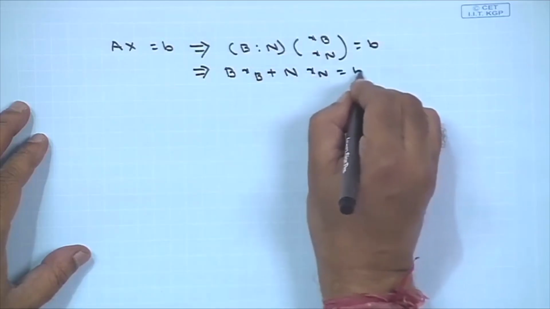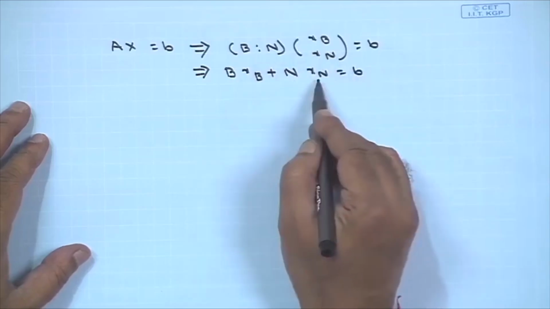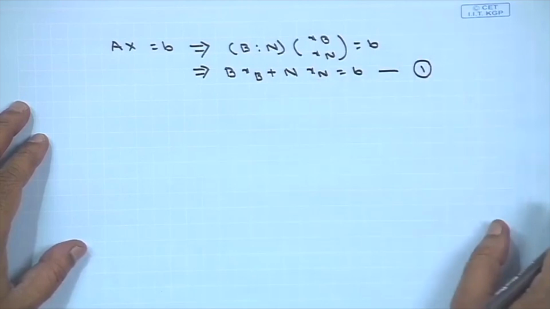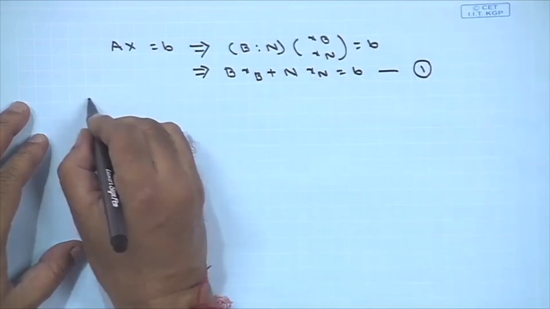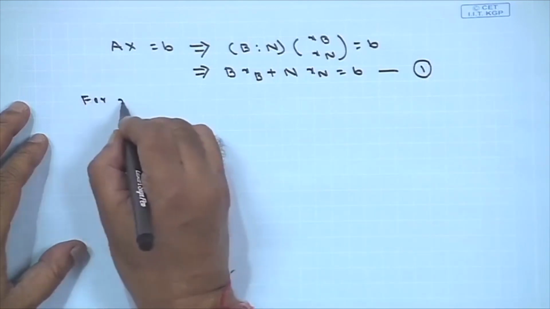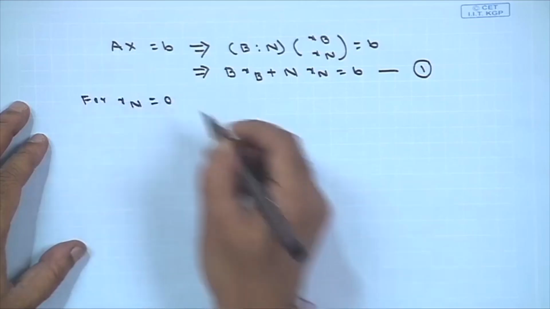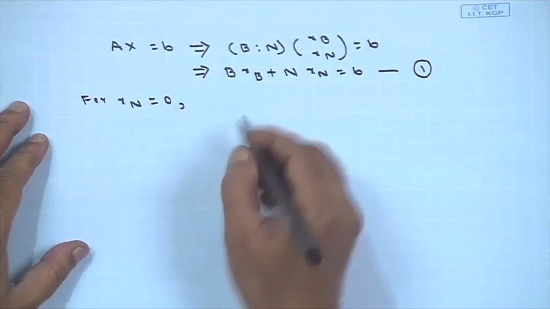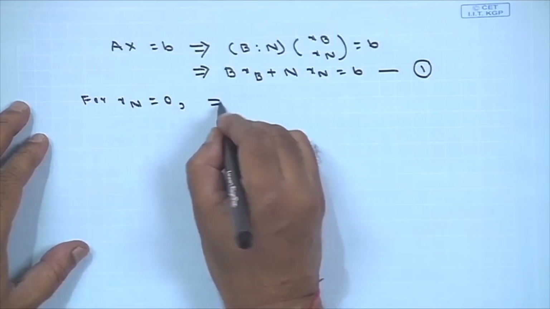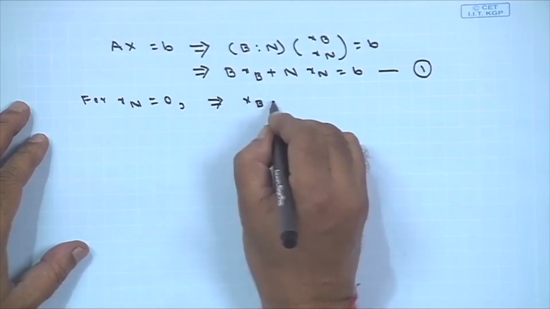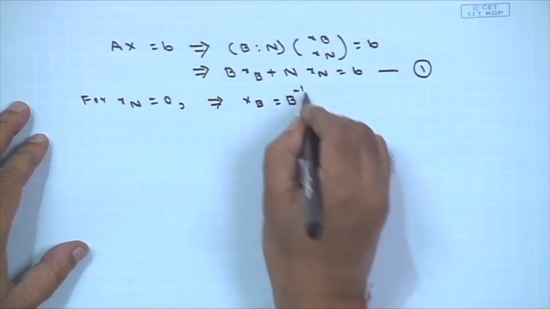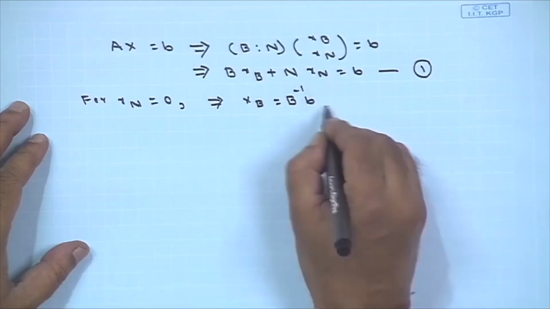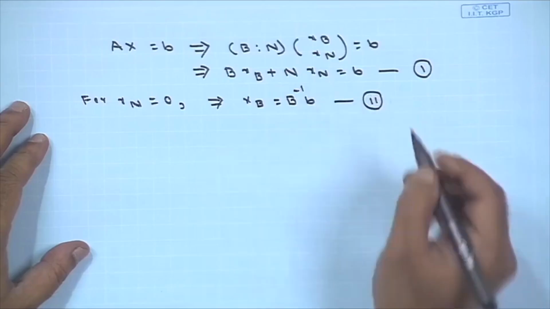Simply we can write it B xb plus N xn is equal to B. So, this is equation number 1. Now, for xn equals 0, which implies that your xb equals B inverse B. From here you can write down. So, say this is equation number 2.